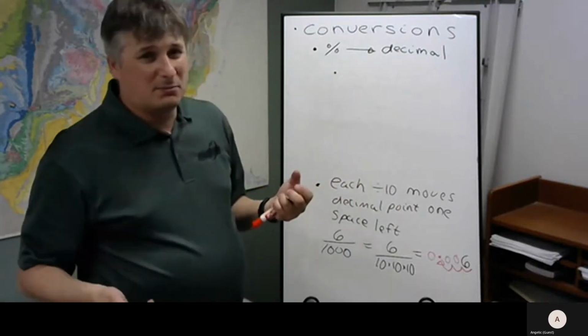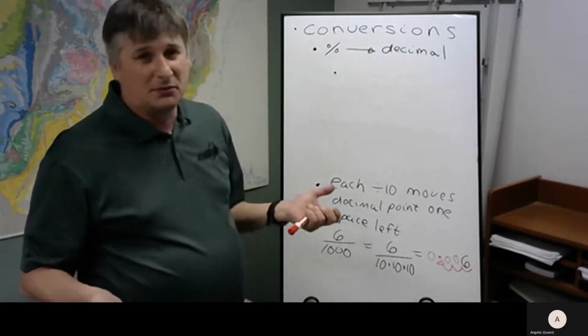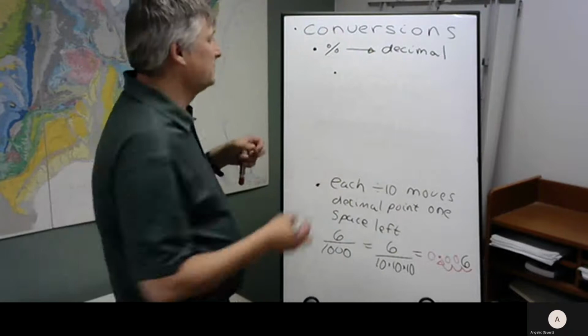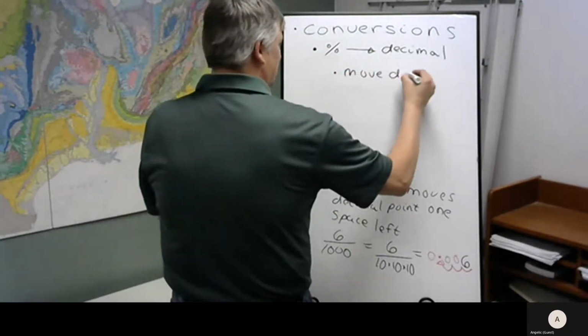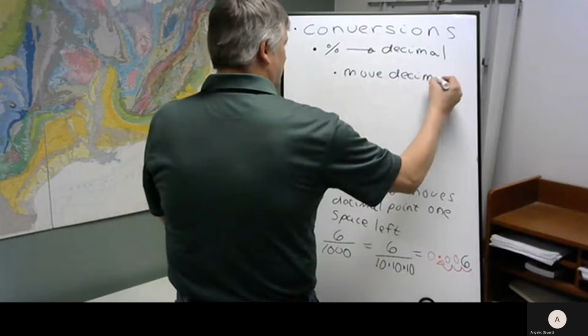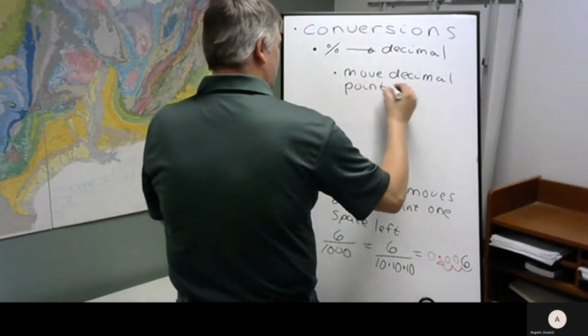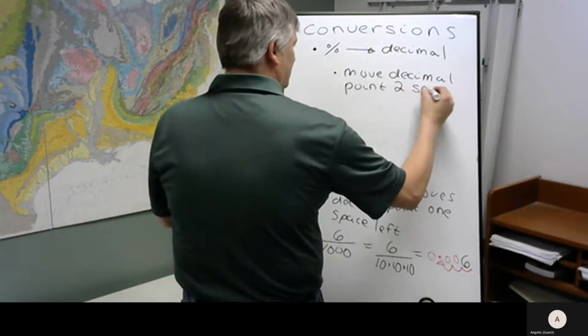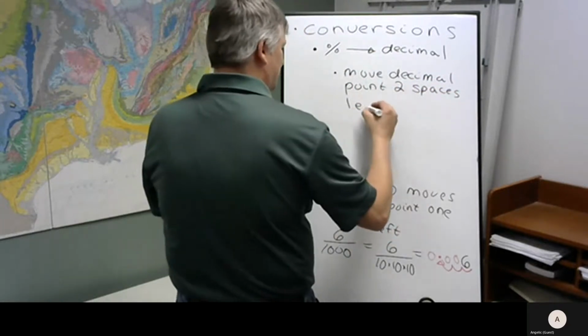So that means with a percent, we're always dividing by 100. So that's got 2 10s. So that means we're going to move the decimal 2 spaces to the left.